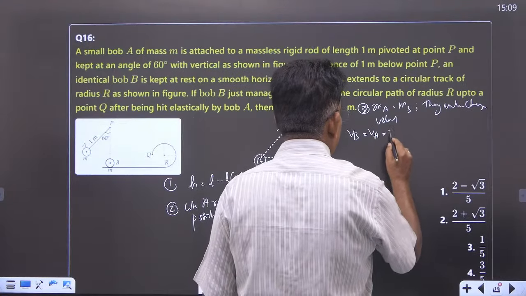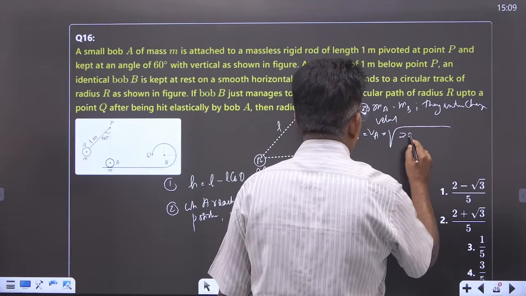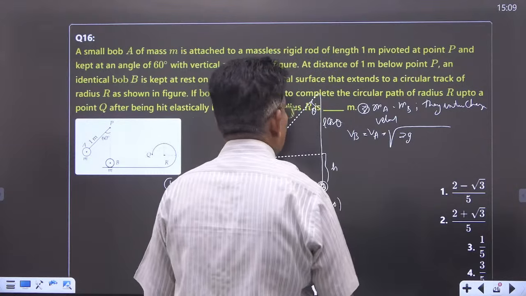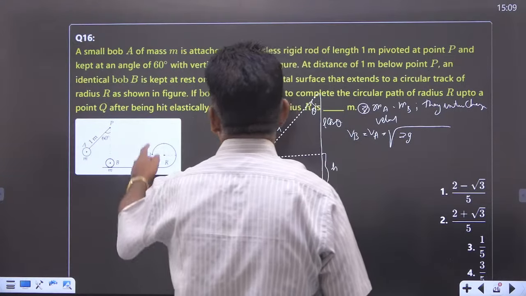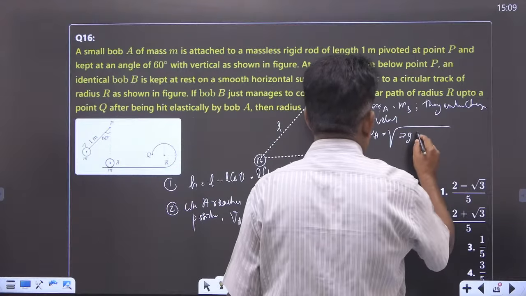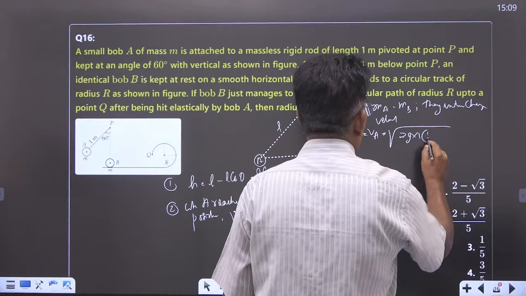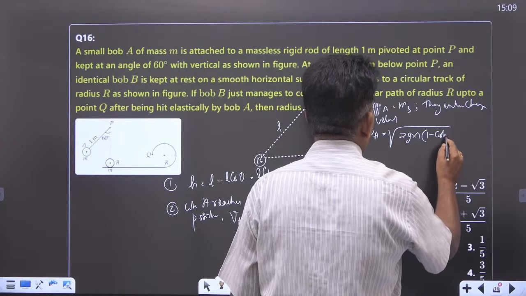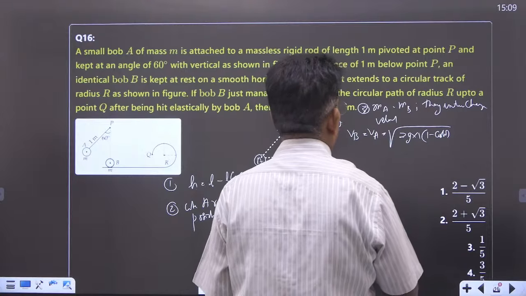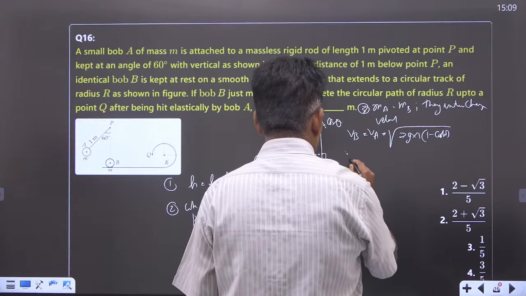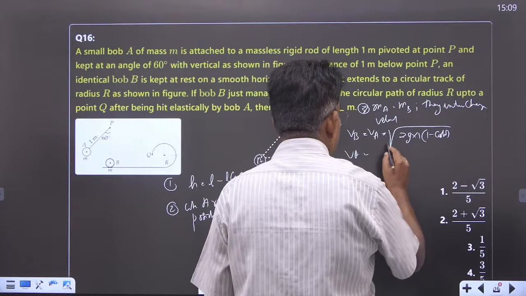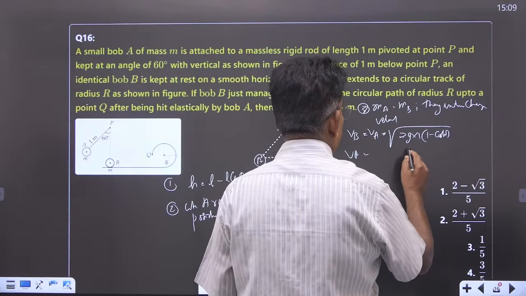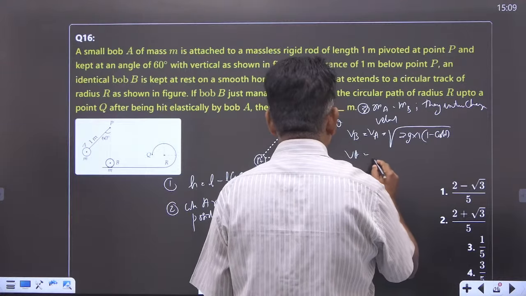We can calculate it: root of 2g. What do you have to calculate here? The value of L. Length is 1 meter, into 1 minus cos 60. Cos 60 is half. Therefore, the velocity of A is root of 2gL, that is 2, times 1 minus cos theta, which is half. That is root g by 4.